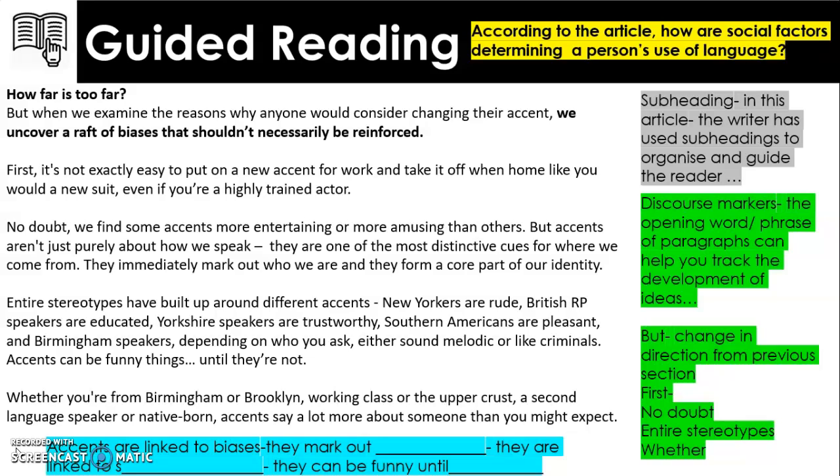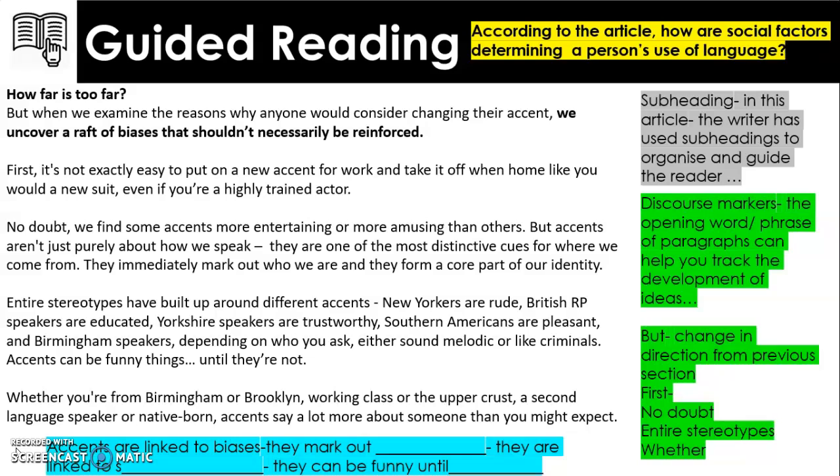In other words, when you look at the reasons why people are changing the way they speak, it's because of biased opinions. And this lovely end part here in this relative clause, shouldn't necessarily be reinforced. In other words, these biases that are pressurizing people, these extrinsic, external drives that are pressurizing people to change, aren't necessarily healthy.